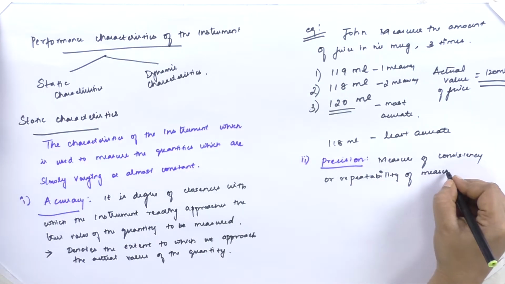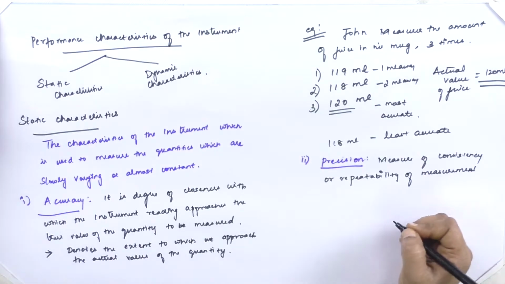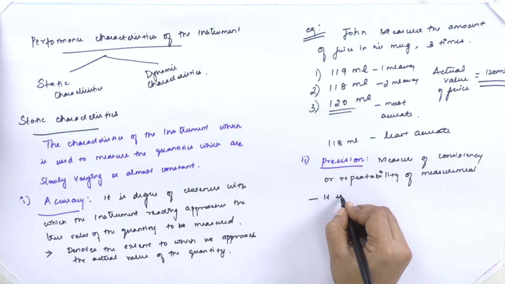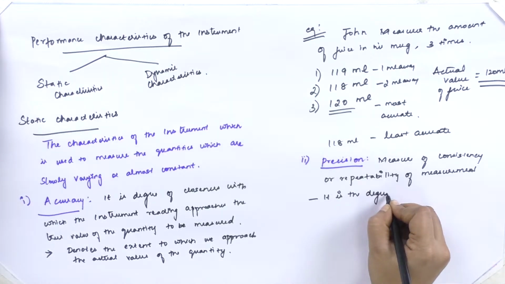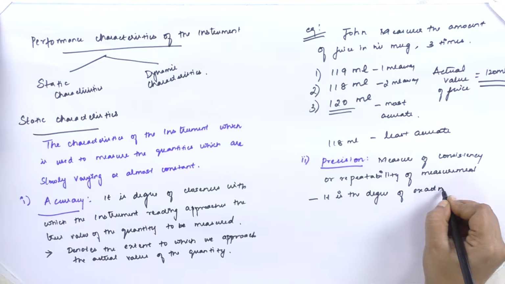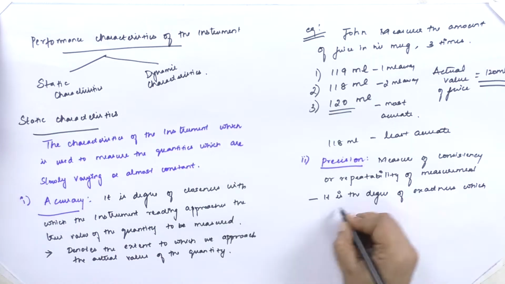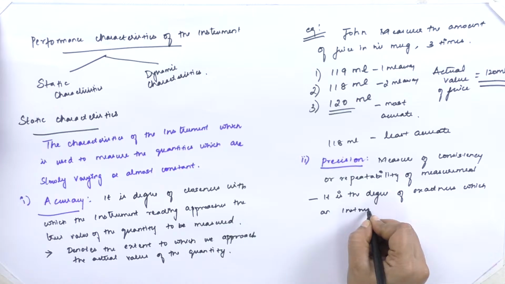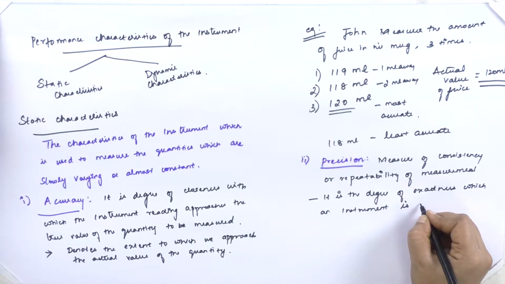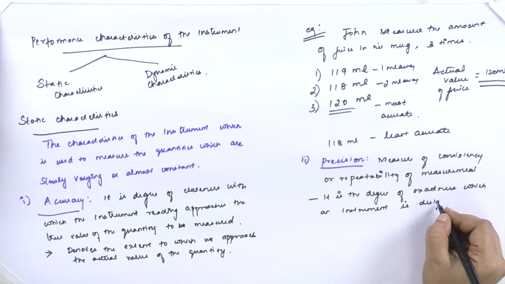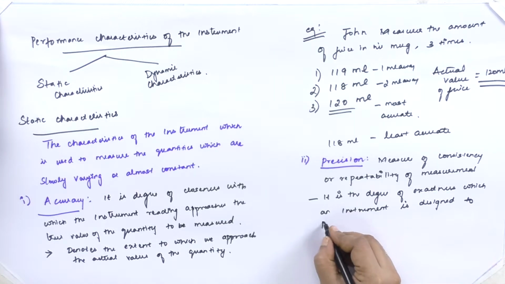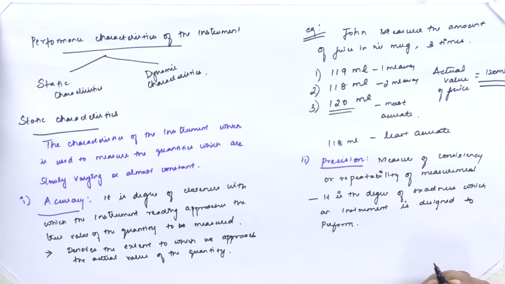Measure of consistency or repeatability of measurement is called precision, or else we can say that it is the degree of exactness which an instrument is designed to perform. Otherwise, we can define precision as the degree of exactness with which an instrument is intended to perform.